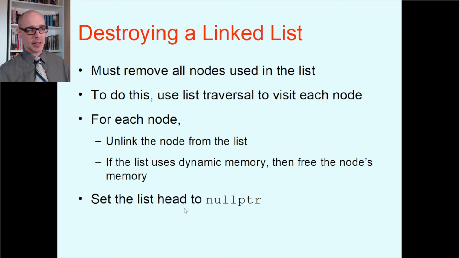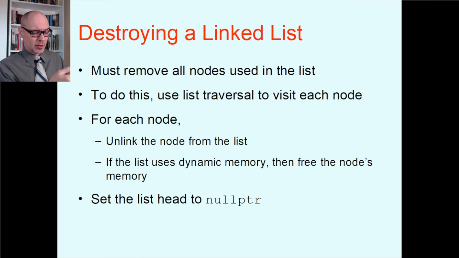And then the last thing is, you've got rid of all the nodes, and don't forget, when you have an empty list, the head ought to have the value null pointer to tell us that there's nothing in the list. What we're going to see the book do is put this function in the destructor, which makes sense. But you could also have a separate public function. It doesn't have to be in the destructor.